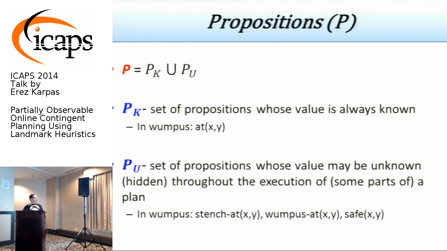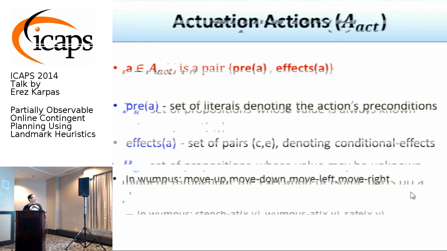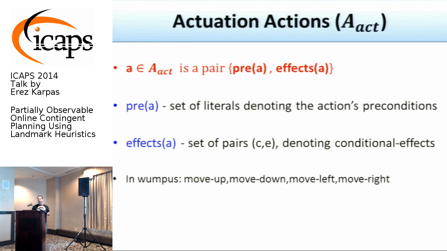So in the Wumpus problem, right, the location of the agent is known, and all the others are basically unknown, where there's stench, where there's a Wumpus, and whether some place is safe or not. So an actuation action consists of preconditions and a set of conditional effects. Okay, so it's a condition C and an effect E, meaning that if the action is applied and C holds, then effect E happens. And these are the movement actions and the Wumpus.